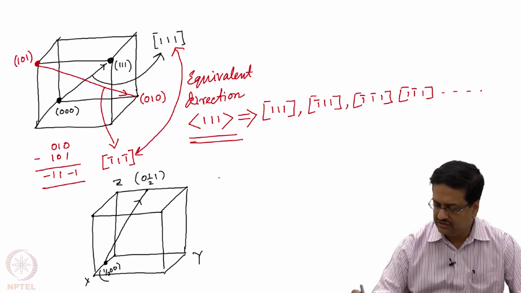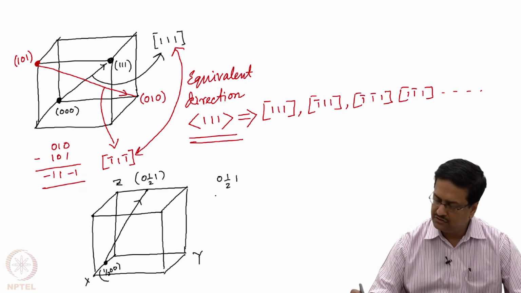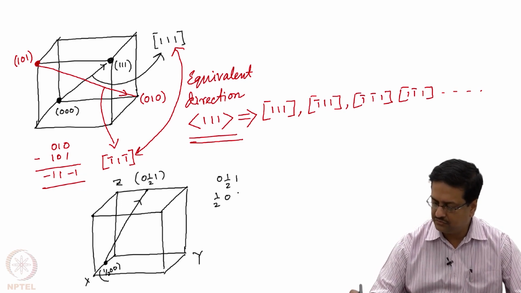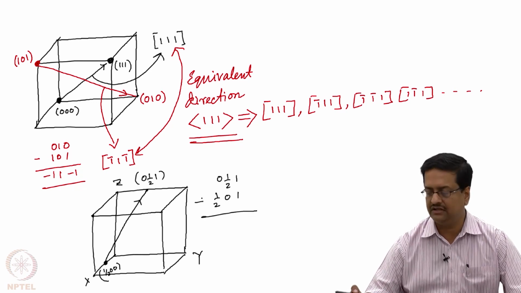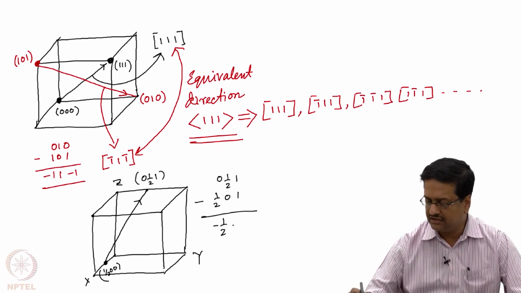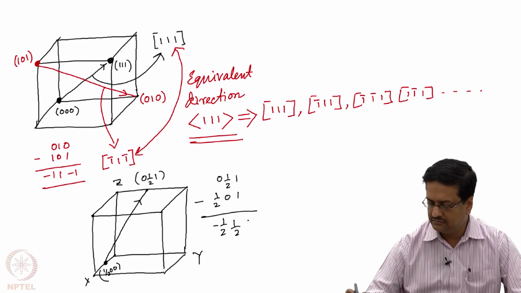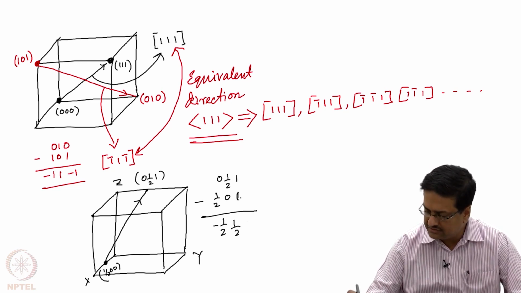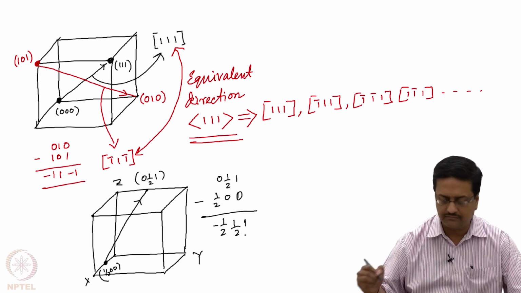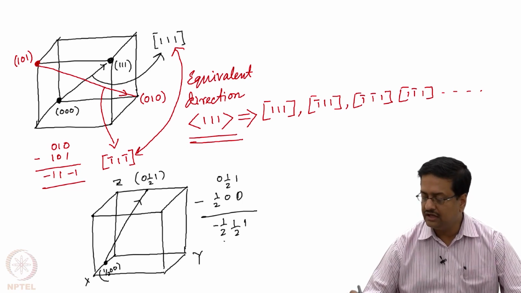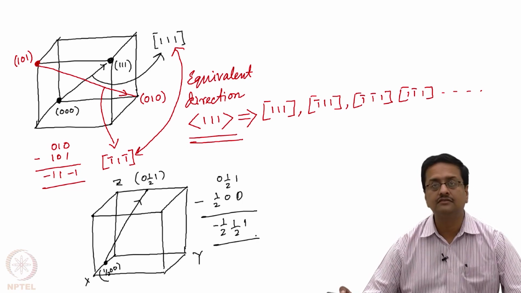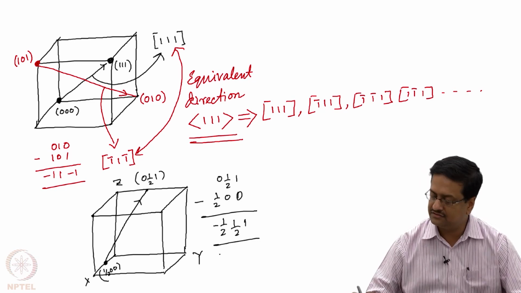So we should do this. 0, half, 1 is the tip, and half, 0, 1 is the base. So we should subtract the base from the tip. So we get minus half, half, 0. So now we have two fractions, so we need to clear the fractions.